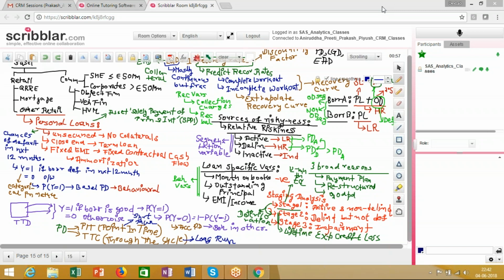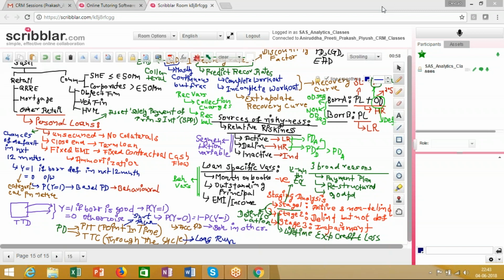So if you're thinking about through the cycle variables, think about variables which would not change over the entire business cycle. If the variable's movement is independent of macroeconomic fluctuation and cyclical behavior, then what you have is a through the cycle PD.